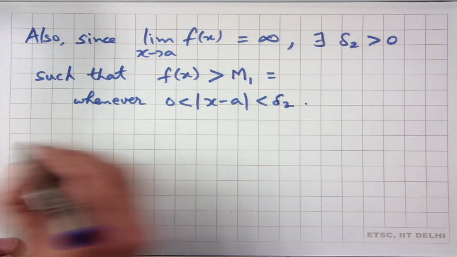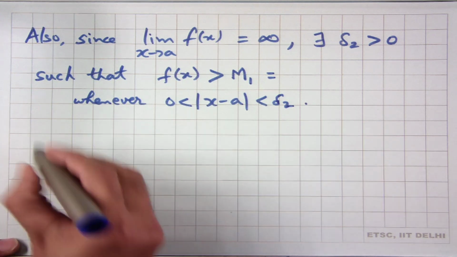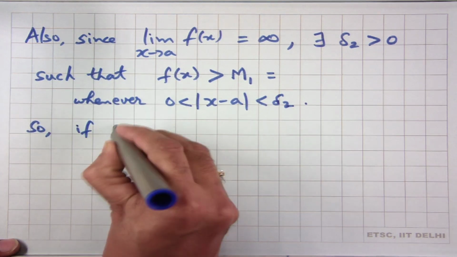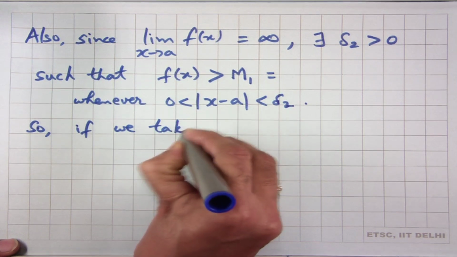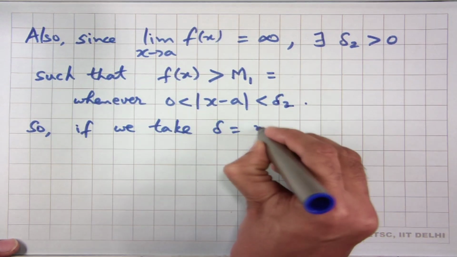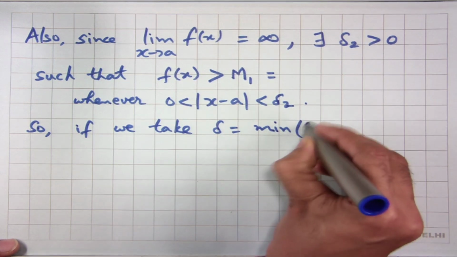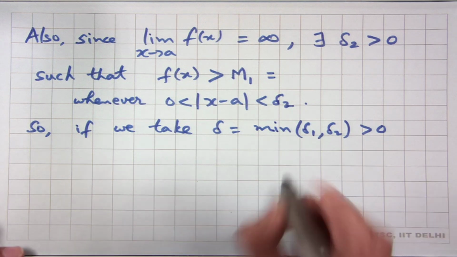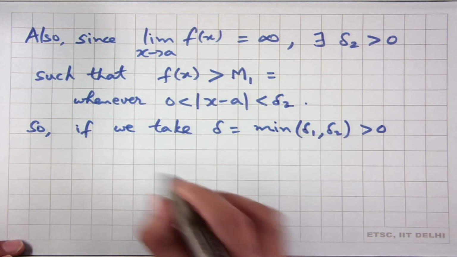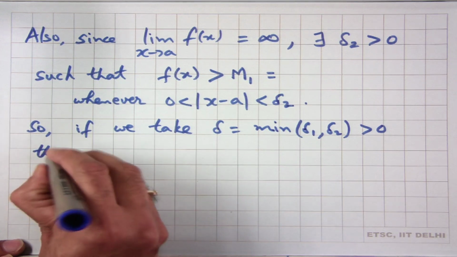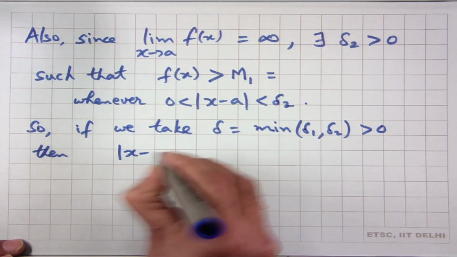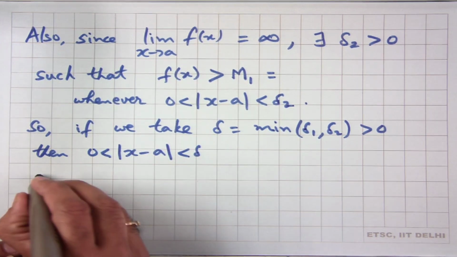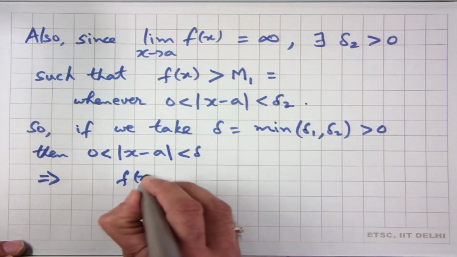Now we have to look at f x plus g x. If we take delta to be the minimum of delta 1 and delta 2, which is again a positive quantity since both delta 1 and delta 2 are positive, then mod x minus a less than delta and greater than 0 will imply the following for f x plus g x.